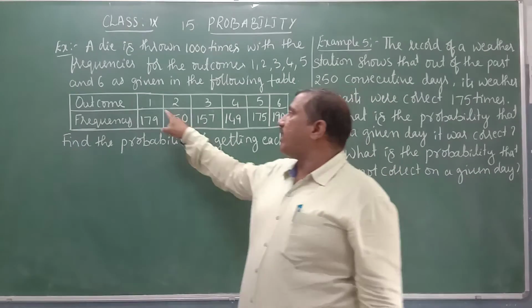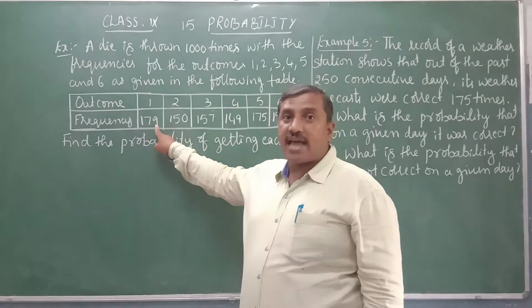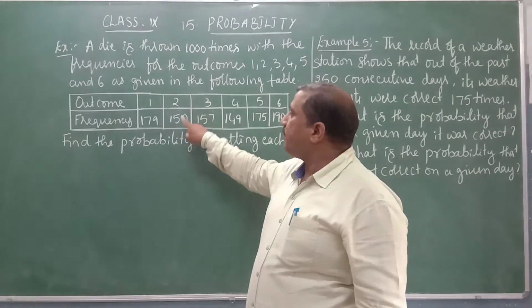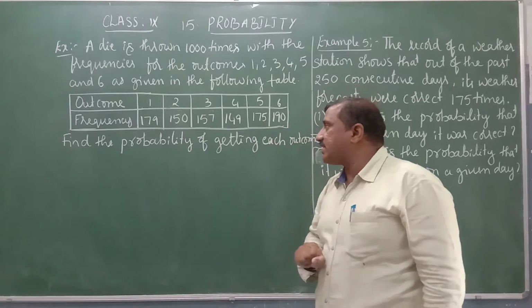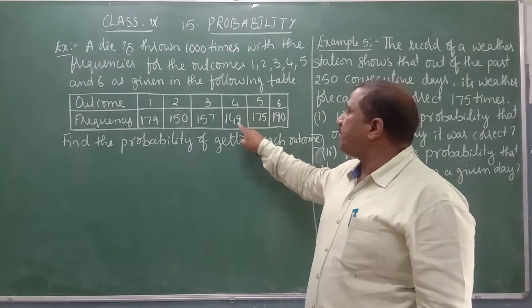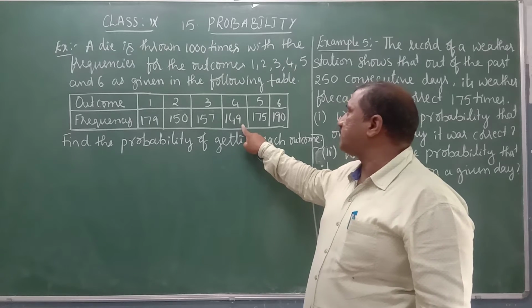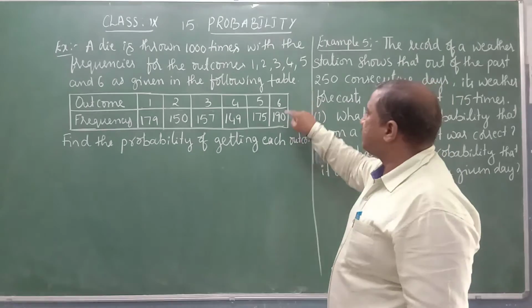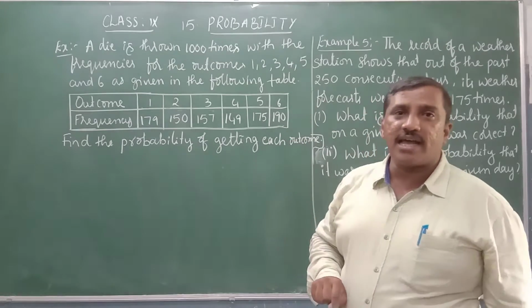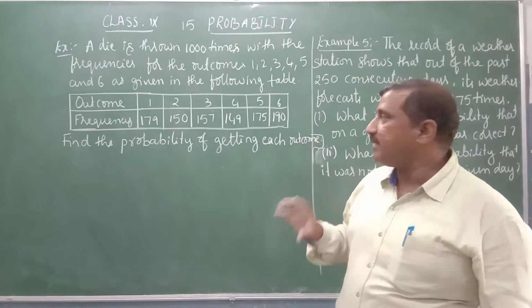That is, 1 appeared 179 times, 2 appeared 150 times, 3 appeared 157 times, 4 appeared 149 times, 5 appeared 175 times, and 6 appeared 190 times out of 1000 times.